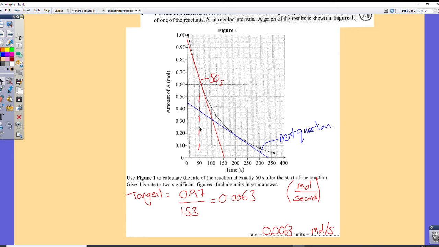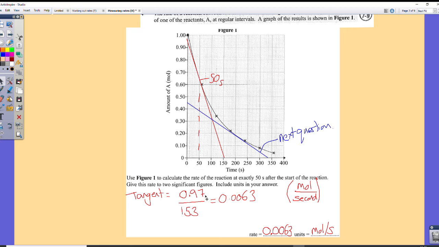So to get the rate at 50 seconds, we have to draw a tangent. So this red line I've drawn here is what we think the slope is at this point here. So it has to have the gap similar there as it is here. And when we measured that, we found out that we've got through 0.97 moles of the substance A, and it's taken about 153 seconds.